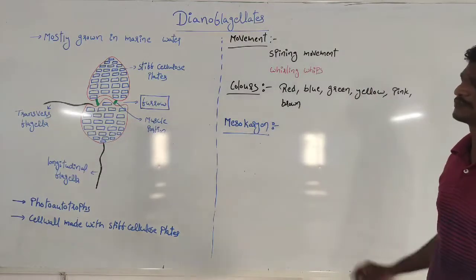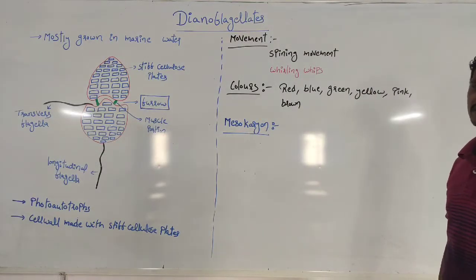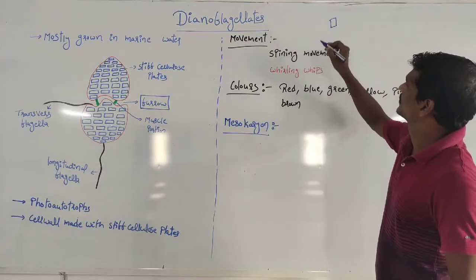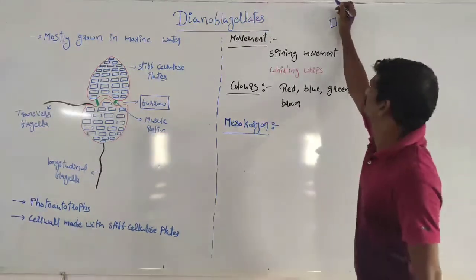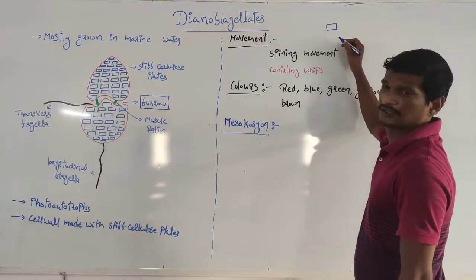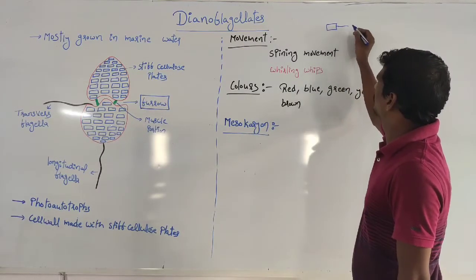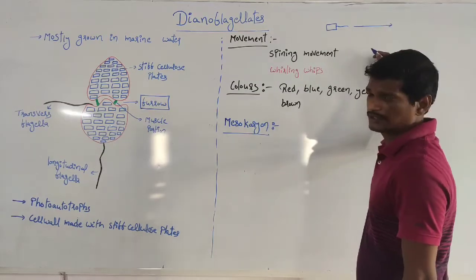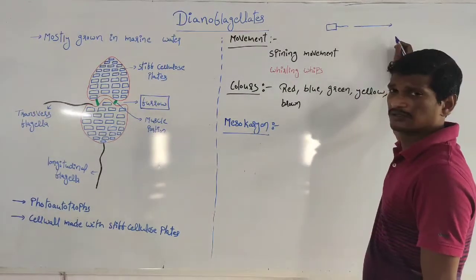The movement is called spinning movement. All of you remember this is a bacterium. The bacterium has flagella, so it moves in this direction. This is straight movement.